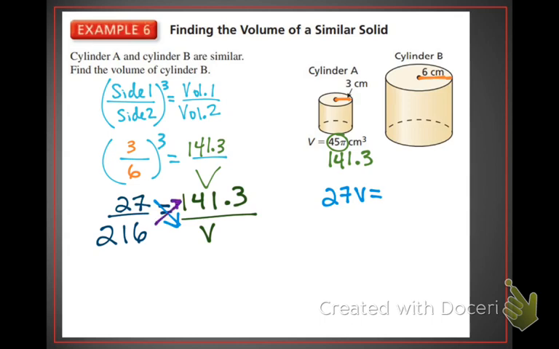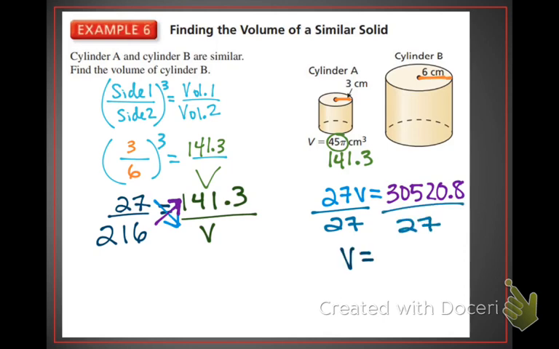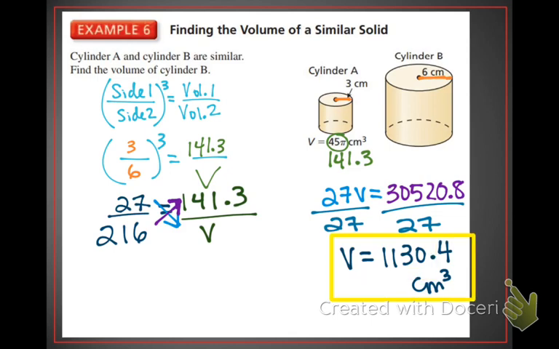What is 216 times 141.3? Perfect. Divide by 27. 1,130.4 centimeters cubed. That's it.